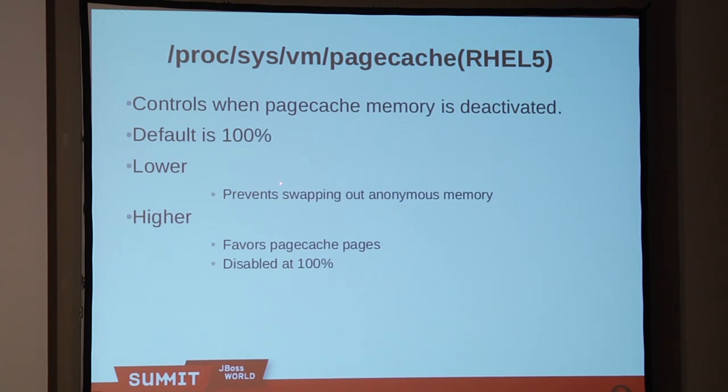But especially for databases and so forth that were swapping, even though there was plenty of memory in the page cache they felt they could reclaim, I introduced this Procsys VM page cache. It's no longer in rel 6 because of the split LRU and because of Cgroups and so forth. We have a different solution of preventing swapping and reclaiming page cache memory instead.